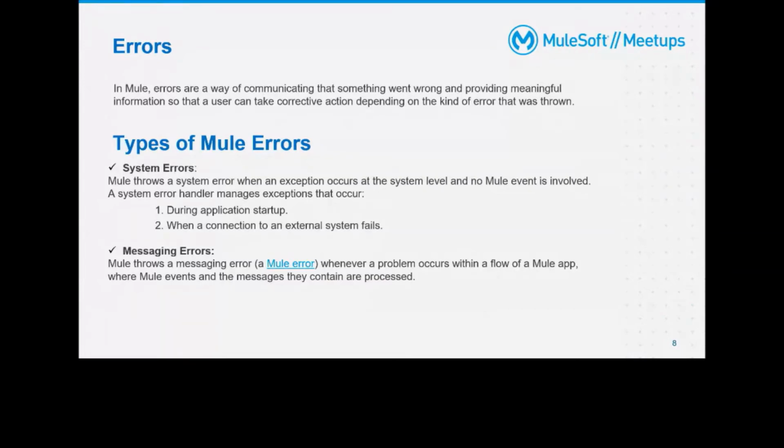The other type of error present in Mule is messaging errors. A messaging error is a part of the Mule event, and it occurs during the flow of a Mule application, maybe due to a failure of a component or a transformation script or anything. Messaging errors are the ones that can be taken care of using error handling.